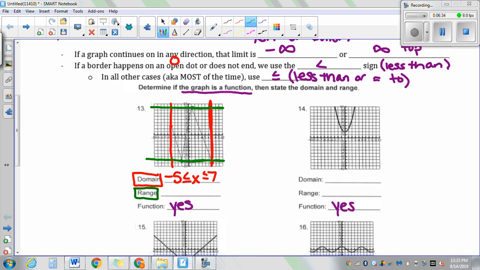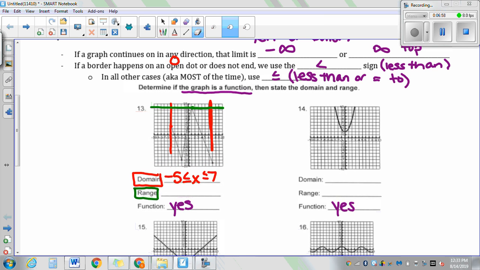And remember, bottom to top. Every year, everybody wants to do from top to bottom, and it does not work like that. Bottom to top. So if I look at the bottom here, that bottom dot hits at -9, I believe. Let me actually just erase this a little bit because I'm having a hard time seeing.